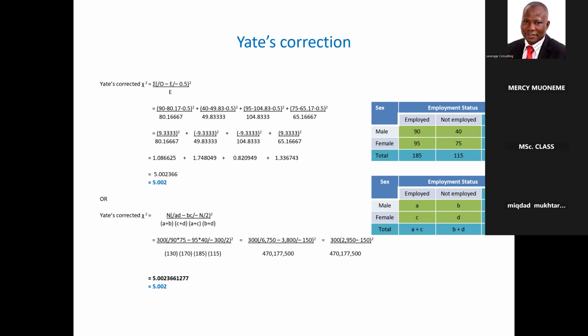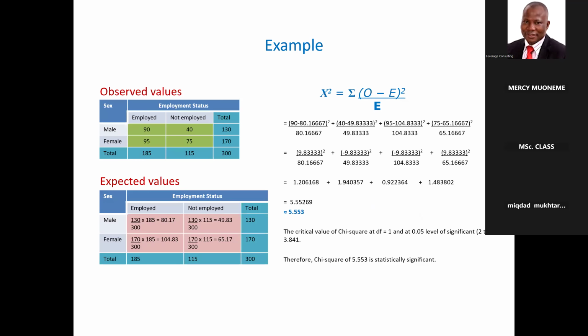And how do you calculate the expected value here? That is the logical way to calculate it. The mnemonic for people who count is row total times column total divided by grand total. For each of the cells, you calculate the expected value.